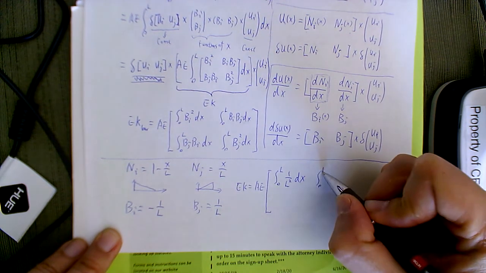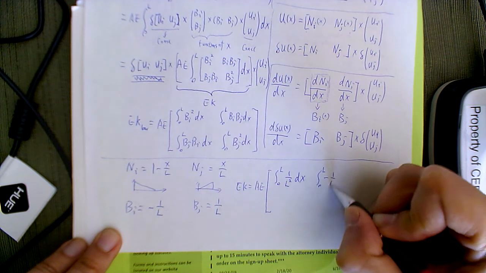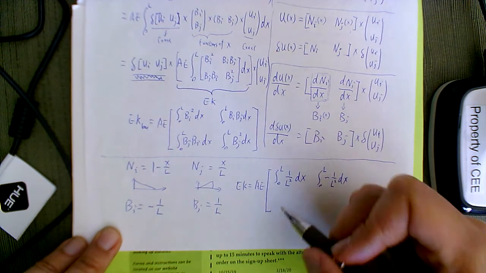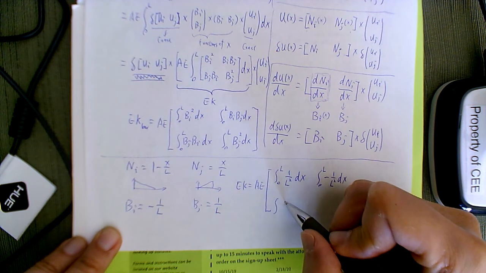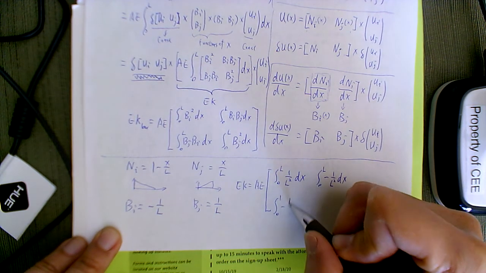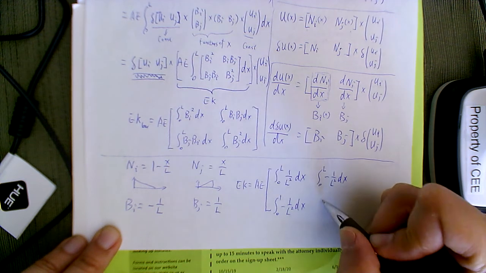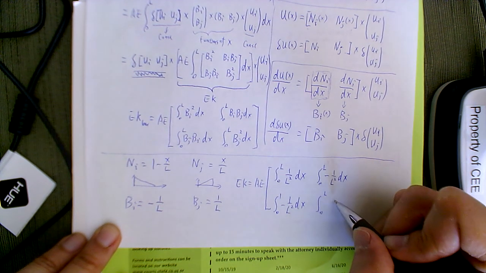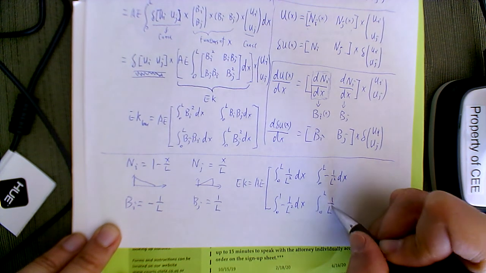It's constant, and then you do this guy, it becomes negative 1 over L squared dx, and then you got the idea. And finally, bj is not that different.